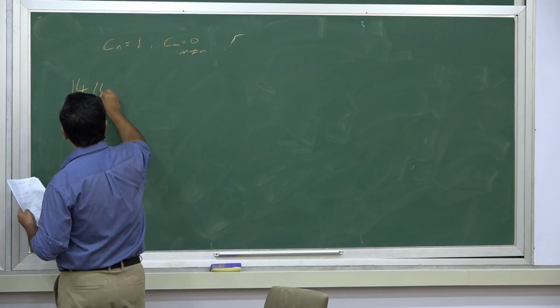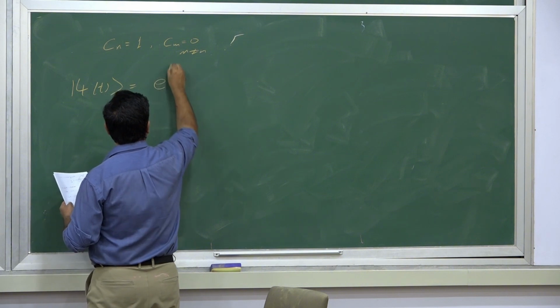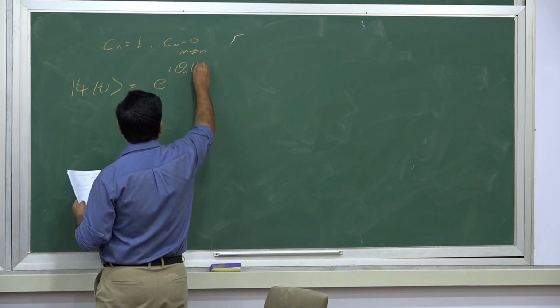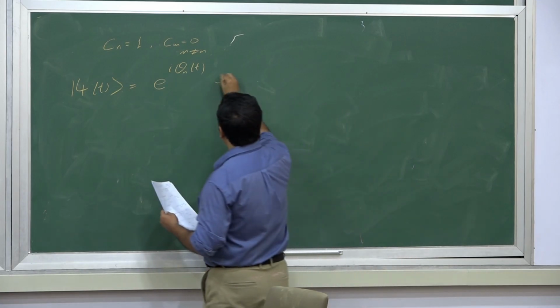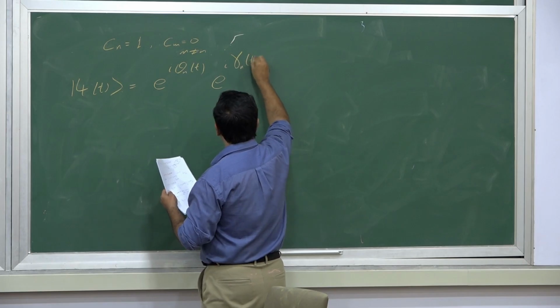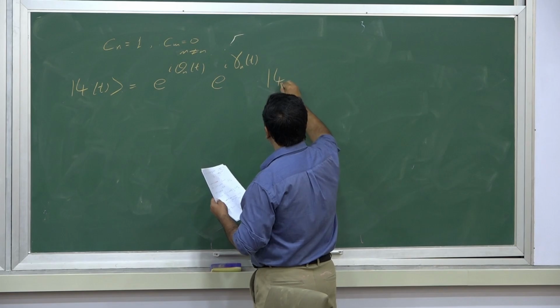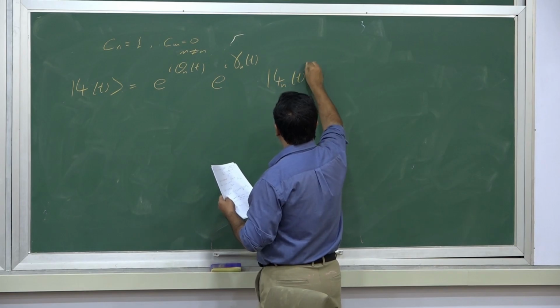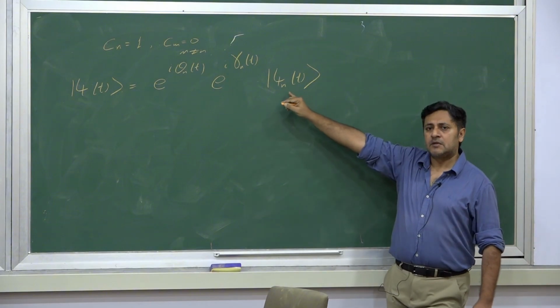then your evolved state would be, just from your ansatz, you have this guy which we just defined, and this is your nth eigenstate of your Hamiltonian.